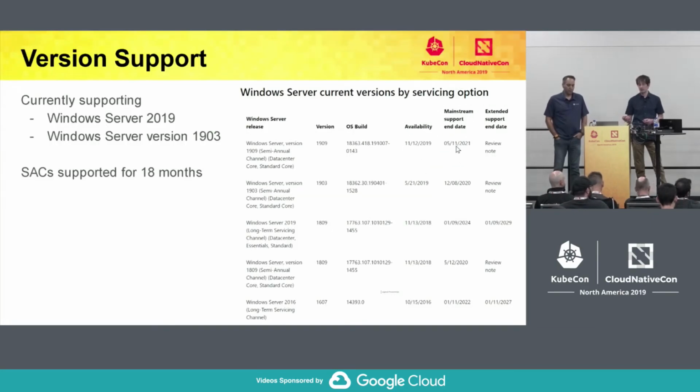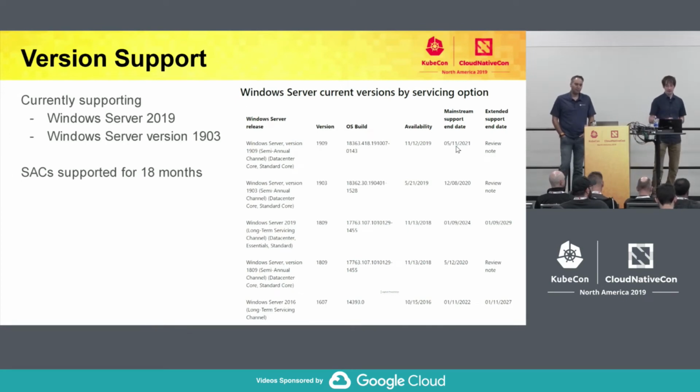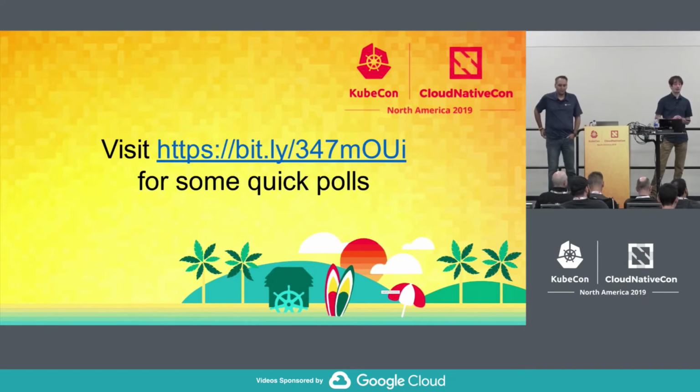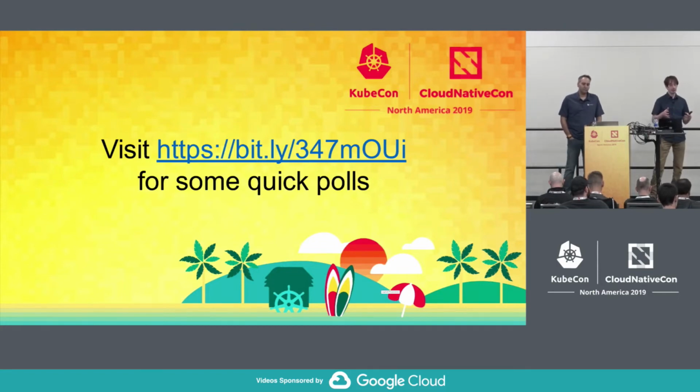One of the things we want to gather some feedback on is getting a little bit more detail. We'd like some feedback from you on whether or not this upgrade cycle works. Because one of the things we want to make sure we're doing in the SIG is come up with a plan to test and support certain releases in a way that aligns both with the duration that the Windows Server release is going to be available, but also across multiple Kubernetes releases.